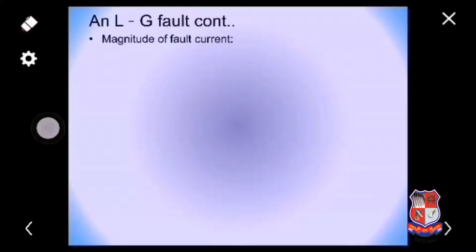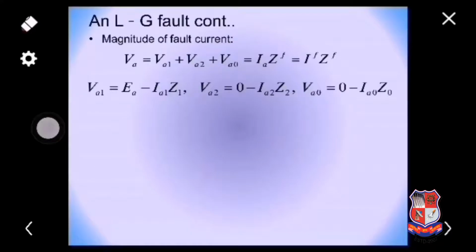Before proceeding further, you must remember the 3 basic equations of sequence voltages VA1, VA2 and VA0. VA1 is always equal to EA minus IA1 Z1, VA2 is minus IA2 Z2, VA0 is minus IA0 Z0. Using these 3 basic equations and putting them into the first equation, VA is equal to IA into ZF.